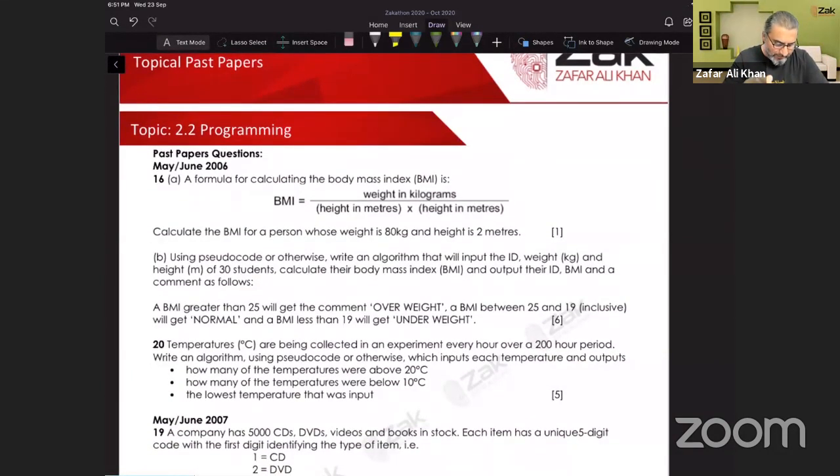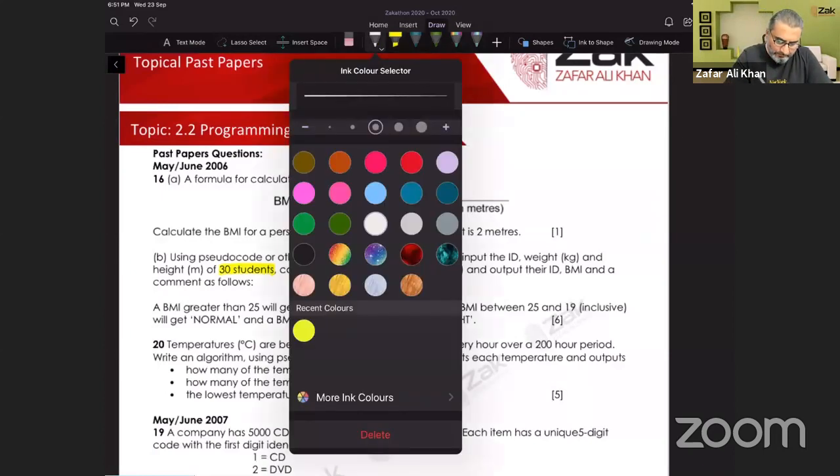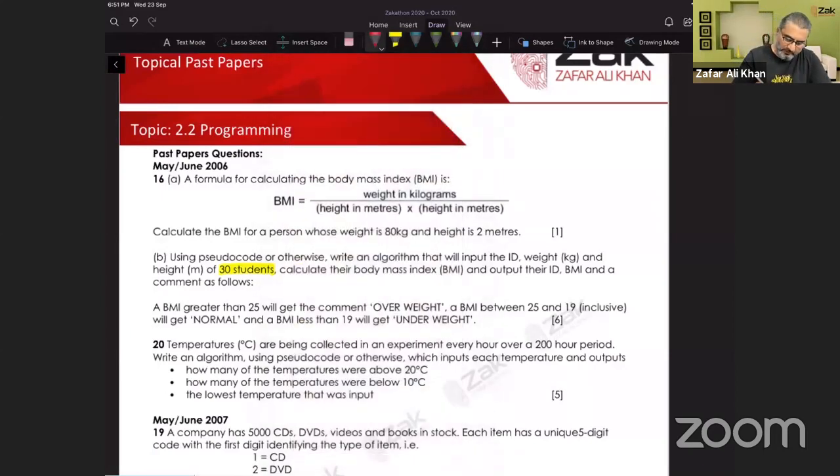Look at part B. Using pseudocode or otherwise, write an algorithm that will input ID, weight and height of 30 students. So this is a number given, 30 students, a single number. So this is simple for next. This is format 1.